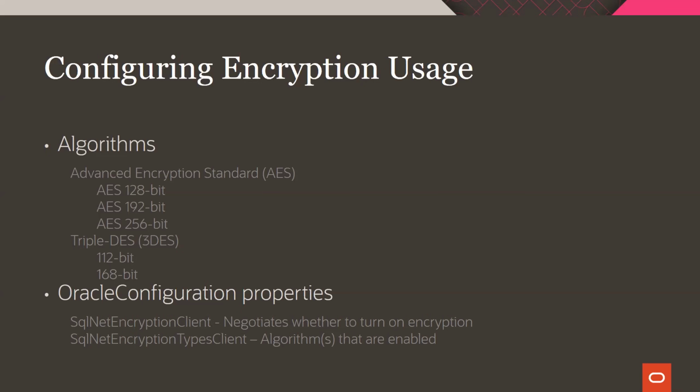I don't care what the server wants to set up. I'll do any type of connection you want. Whereas requested is, I prefer to have encryption, but if it's not available, I will still connect. So it's kind of a preference that if on the other side there's a preference also to do encryption, or if it doesn't really care, then it will encrypt. So that's kind of the way to explain it.